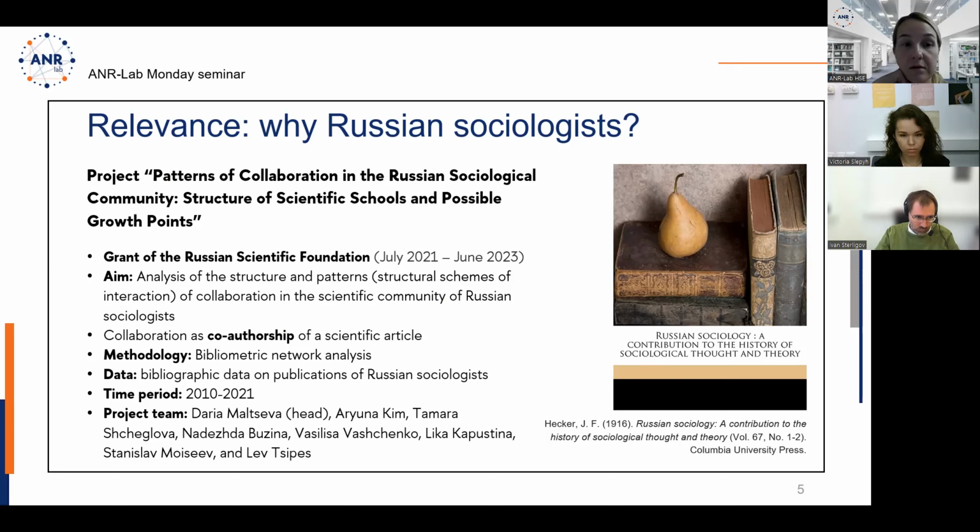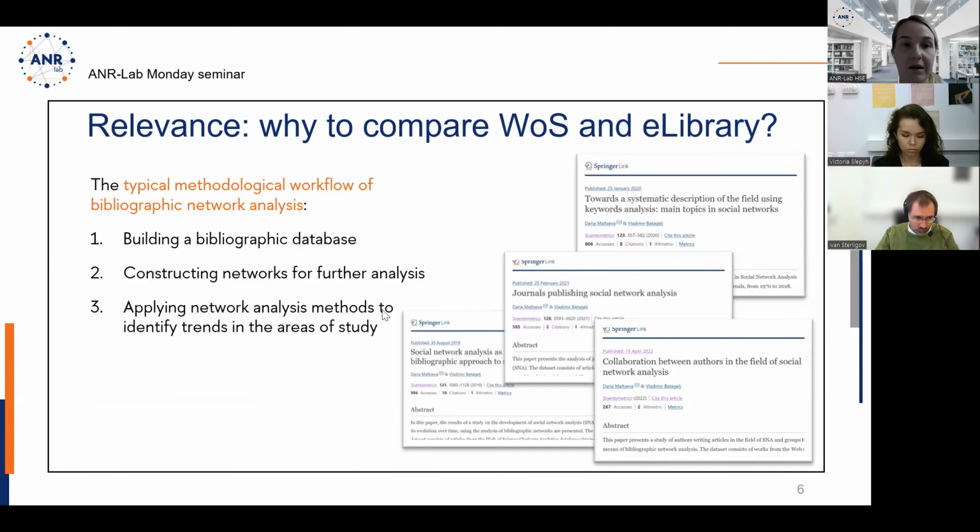We looked at collaboration as co-authorship of a scientific article. That is how this topic, Russian sociologists, is connected to bibliographic network analysis, because this is the main methodology. And here you can see the list of the project team of those who worked in this project.